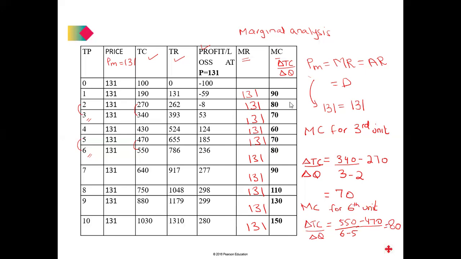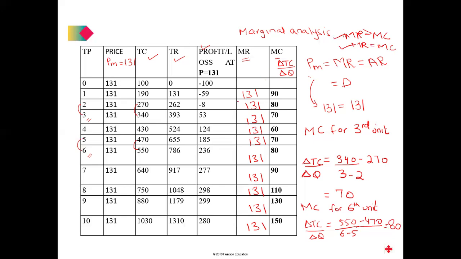Once I fill all the values for marginal cost, I'm going to compare marginal revenue with marginal cost. I'm going to produce up till the point where MR is greater than MC, or if I can find the point where MR is equal to MC, I will also include that level of output.